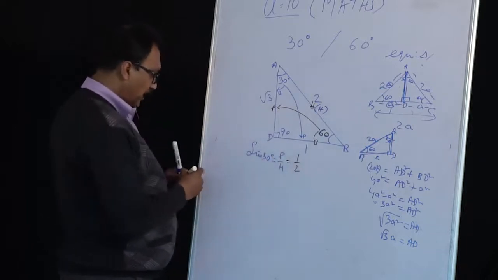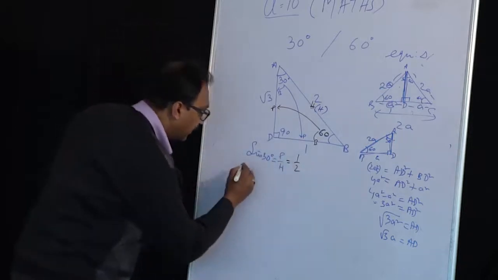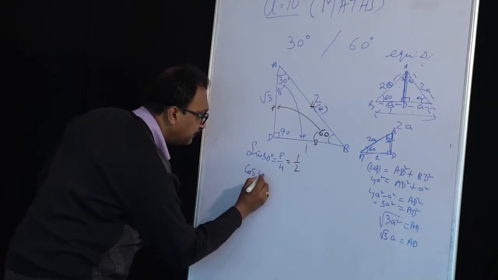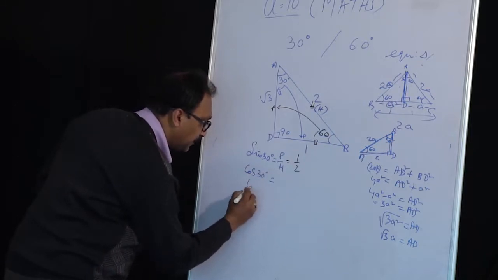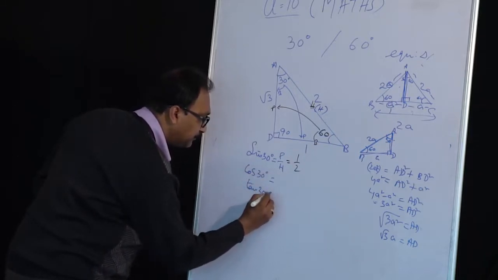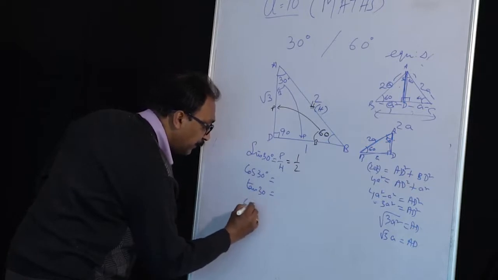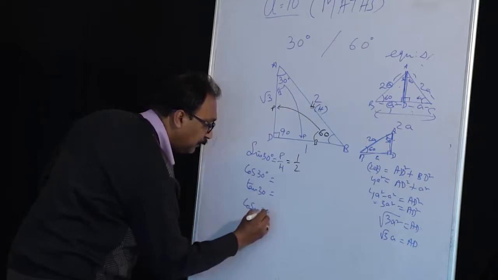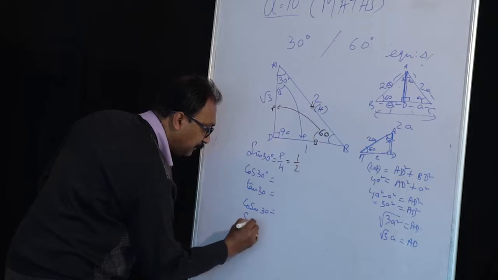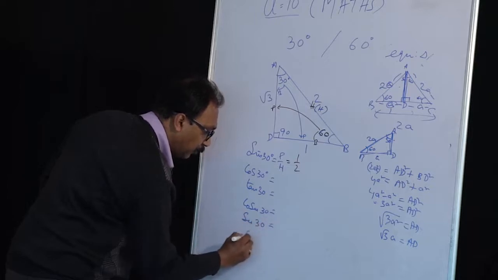Clear? Likewise, we can write here cos 30, tan 30, cosec 30, sec 30 and cot 30.